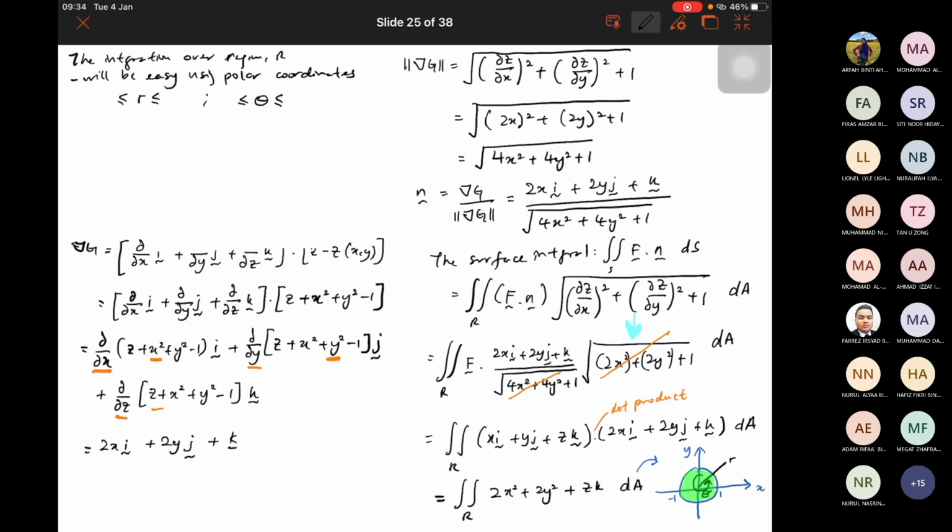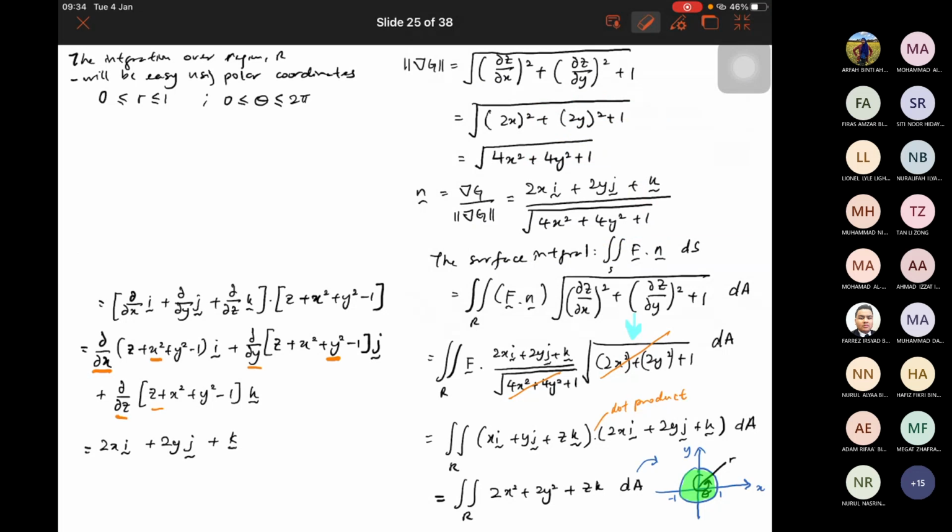Kosong ke 2 pi, yap, betul. Okay, sebab dia satu bulatan full berjejari satu. So R from 0 to 1 and theta daripada 0 to 2 pi. So masukkanlah dalam the integration for that one.